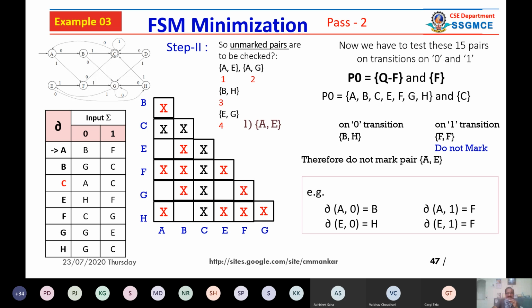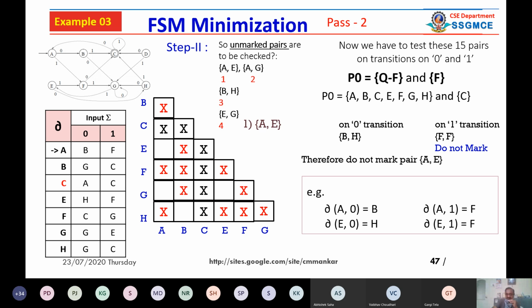Now let us say first pair, that is AE. It may happen that we already have processed that thing, but we have to recheck it, because every time a new situation may occur. Now for example, AE on 0 goes to BH. तो BH मतलब B और H दोनों लेफ्ट साइड में है पार्टीशन P0 के, and on 1 it is going to FF.